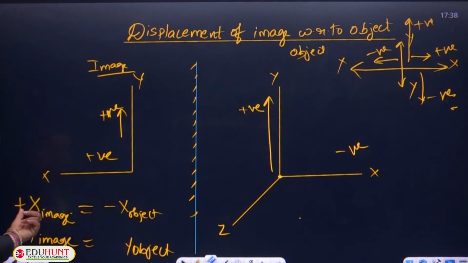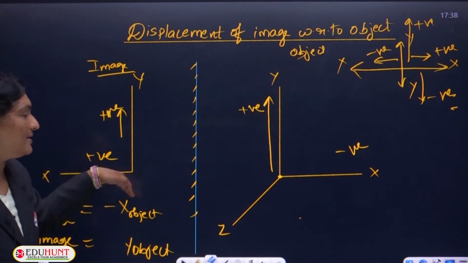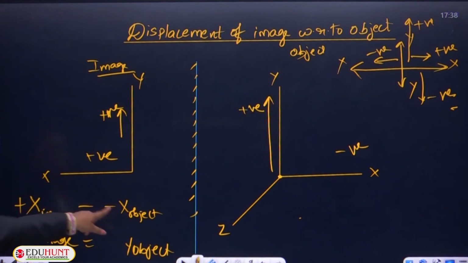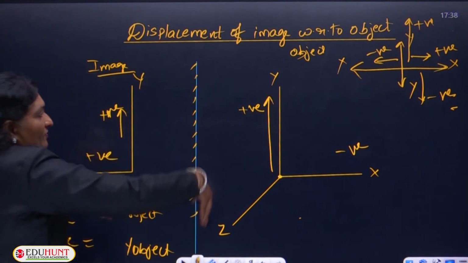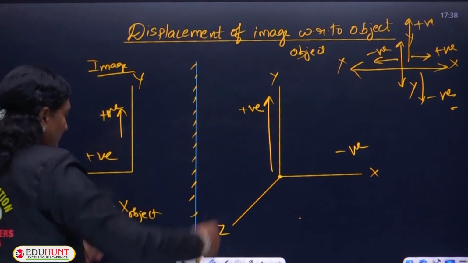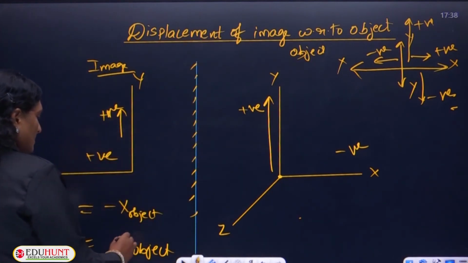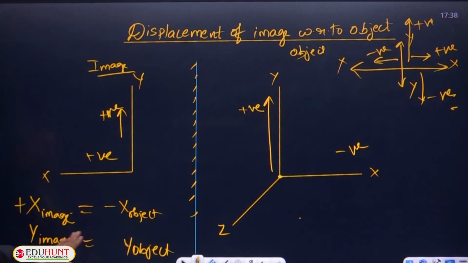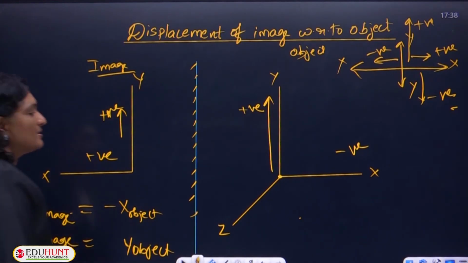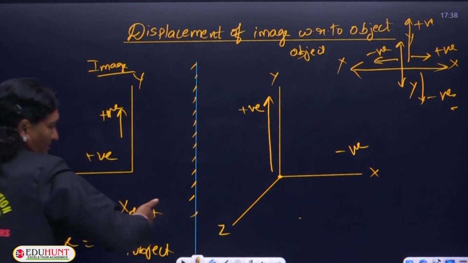The only thing we observe is this: whenever the person travels perpendicular to the plane of the mirror, the sign changes. But parallel to the plane of the mirror, in the upward and downward direction, it remains the same, positive and positive. The same happens with the z-axis.